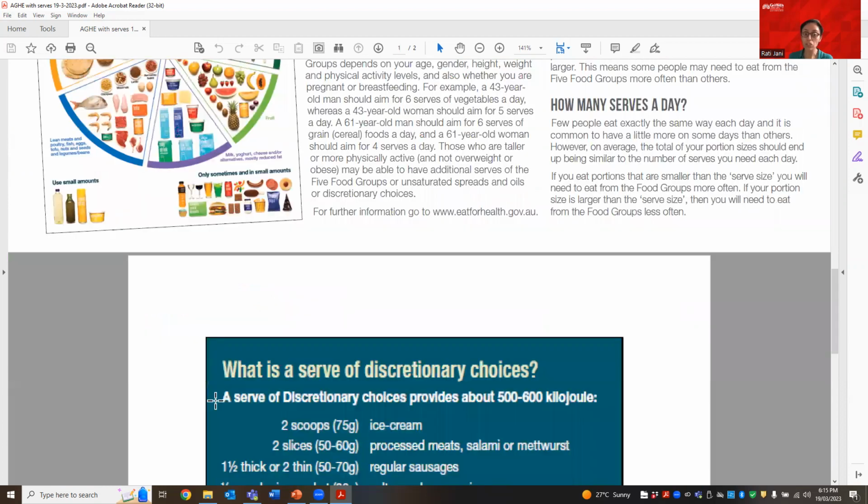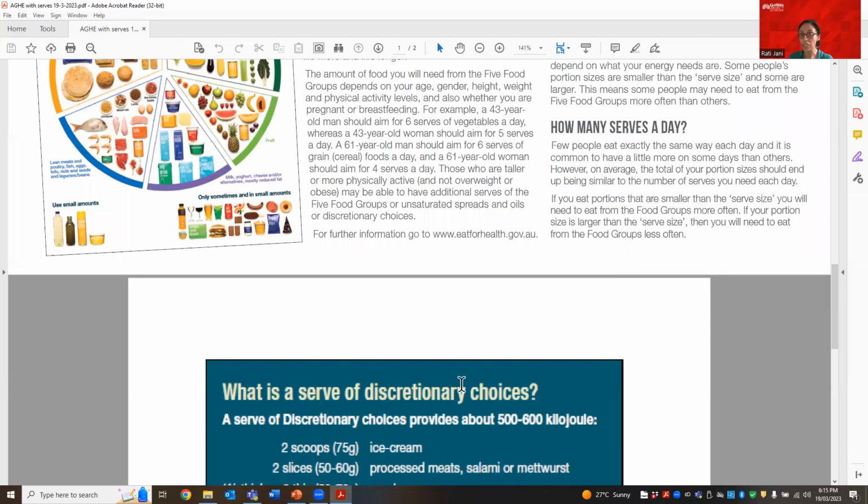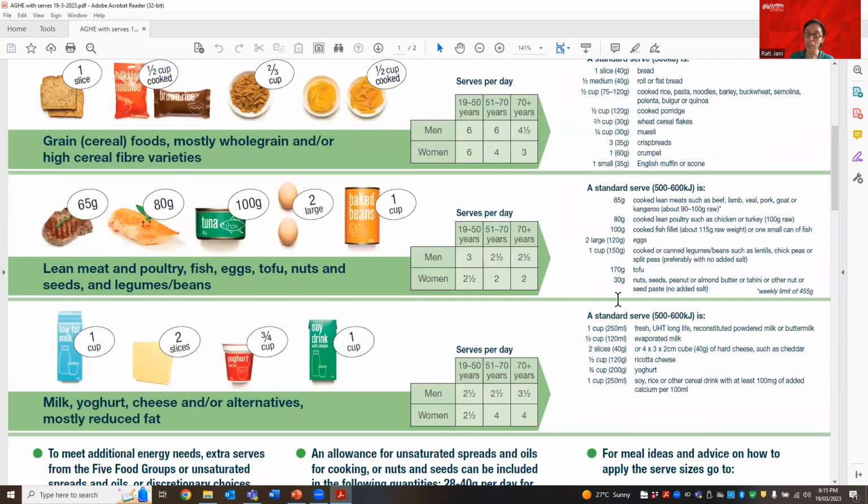And the second page of this document will also have what is a serve of discretionary food. All right, so this is also important, as it gives you examples of the various discretionary foods and what a serve looks like, and roughly how many kilojoules is a serve.